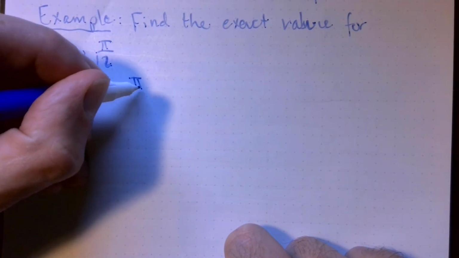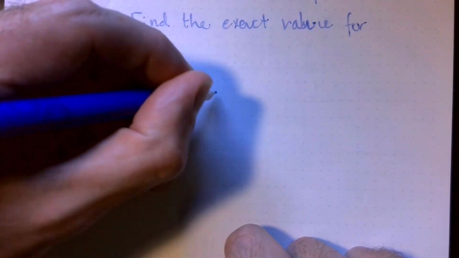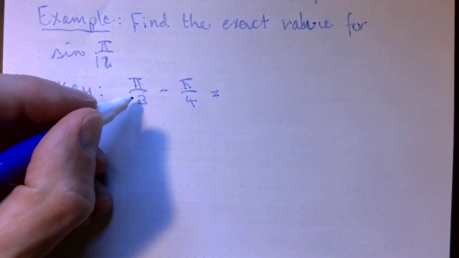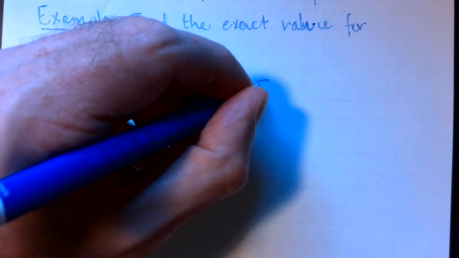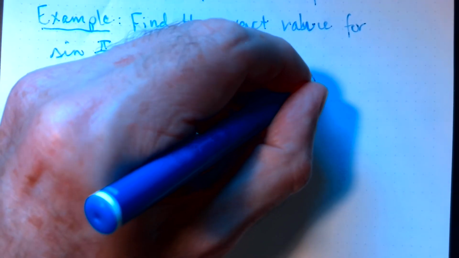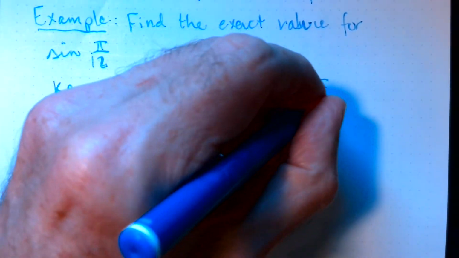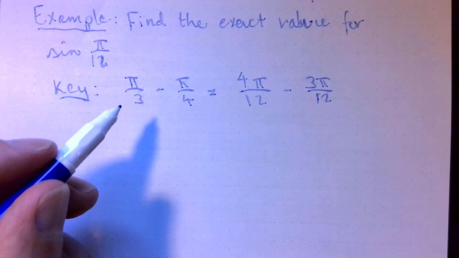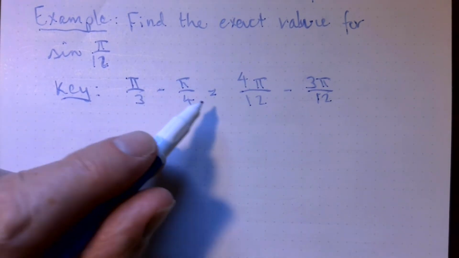Now, if you think about it for a little while, you can figure out that if I take pi over 3 minus pi over 4, well, I'm dealing with fractions, so I'd have to get a common denominator. It would be 12.